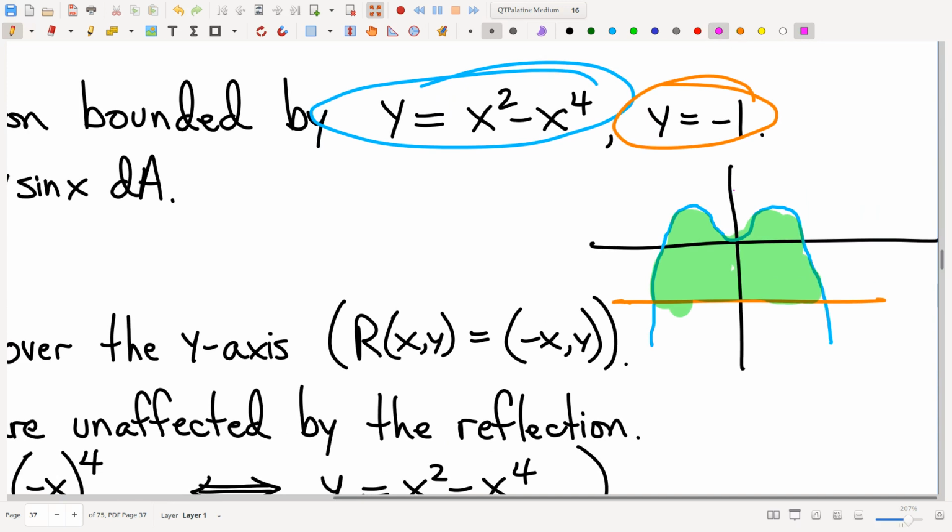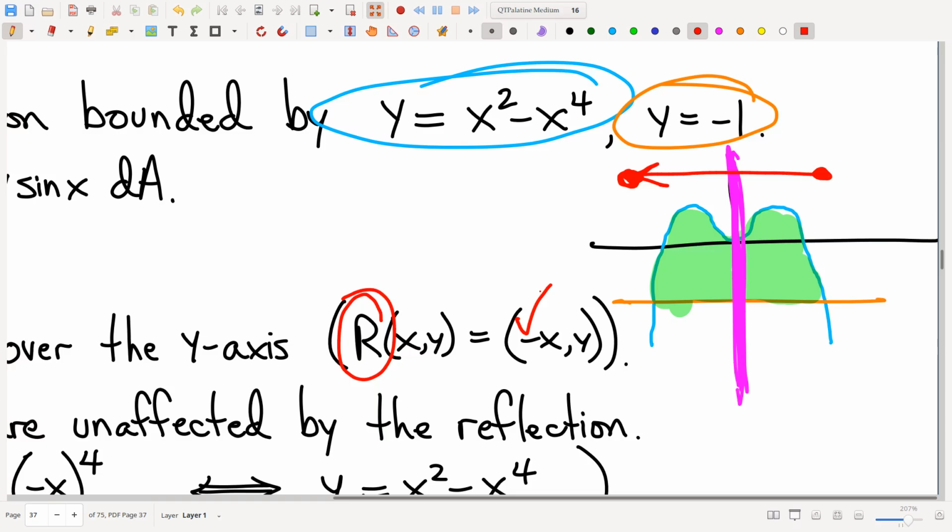Well, our symmetry that we cited for the domain is over the y-axis, reflecting over the y-axis puts a minus sign on the x-coordinate, right?